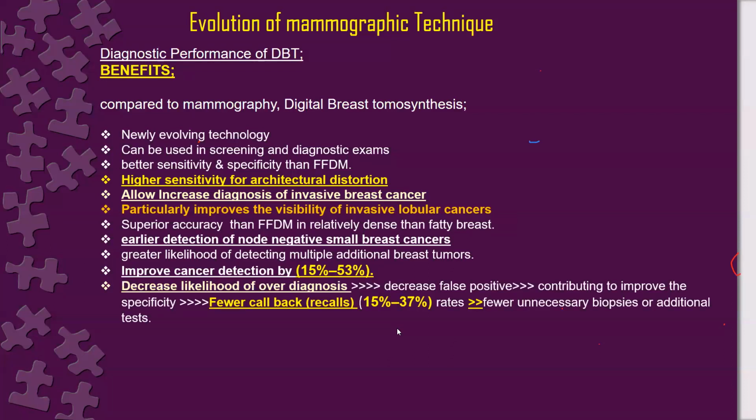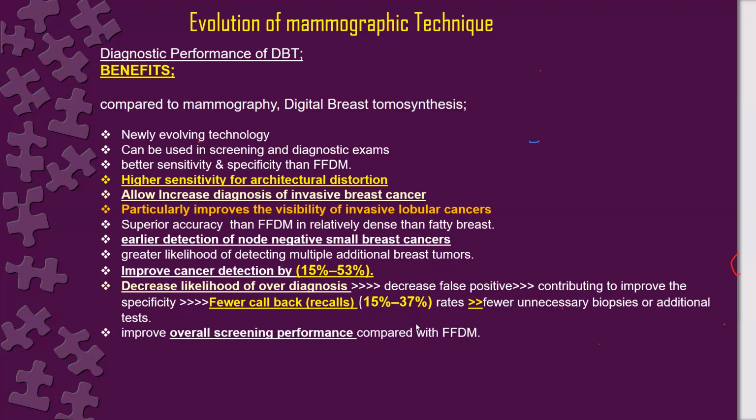At the same time, it decreases the likelihood of false positive results and overdiagnosis, improving the recall rate by up to 37%, and definitely reduces unnecessary biopsies and additional tests.